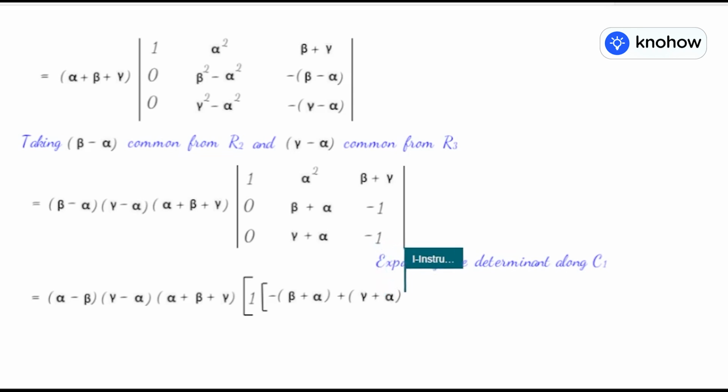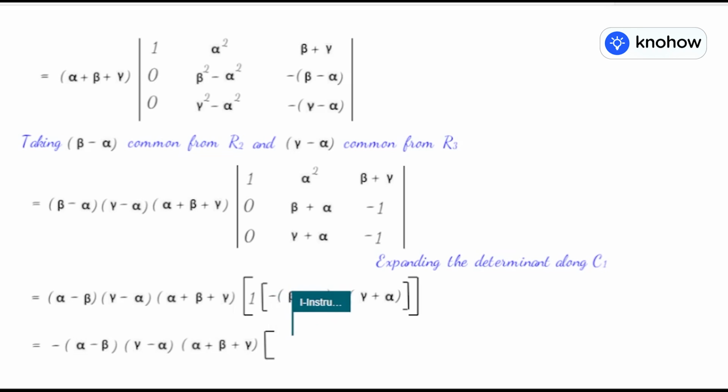So open the bracket. Already you have minus times alpha minus beta, gamma minus alpha, alpha plus beta plus gamma. Inside the bracket you get minus beta minus alpha, and you get plus gamma plus alpha.